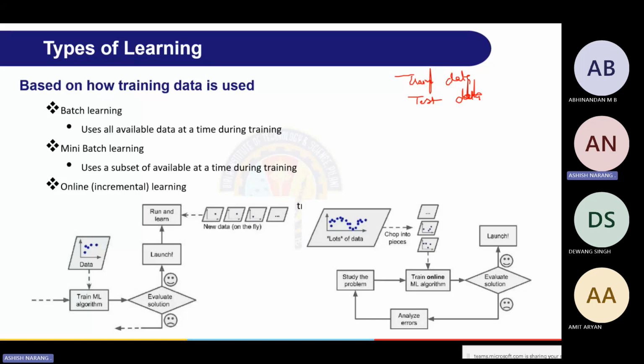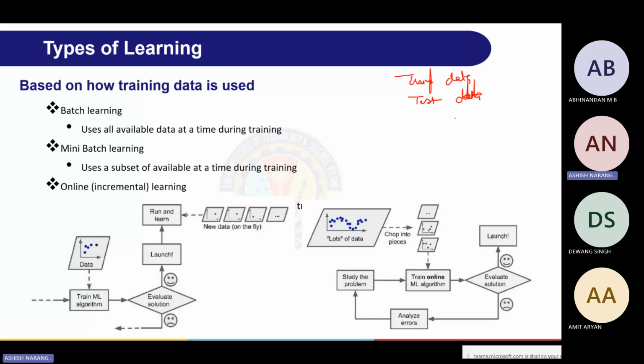Whatever data I've said I'll use, I train my model at once. Then there is mini batch learning, which uses a subset of available data. I'm not going to use the complete data; rather, I use a subset of data at a time for training. There's an incremental one where the data keeps on adding and the model keeps on learning.